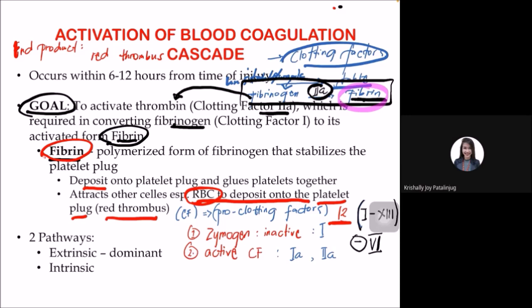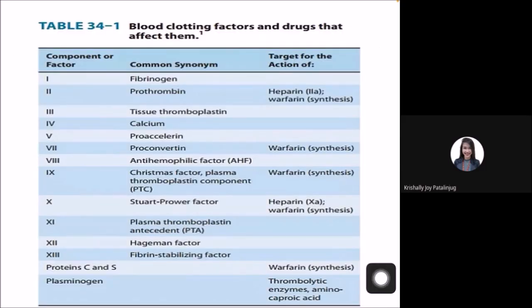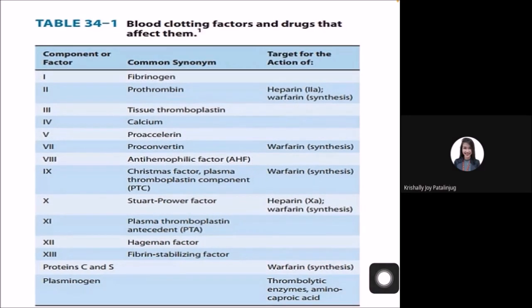Okay, so we have different clotting factors. Ito, as I've said earlier. So in this table, yan yung mga clotting factors, no? Different clotting factors. And again, they are numbered from Roman numeral 1 to 13.